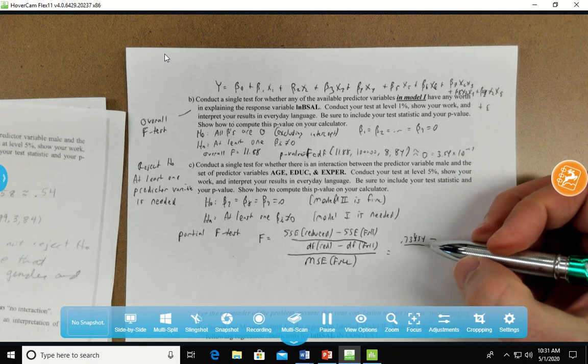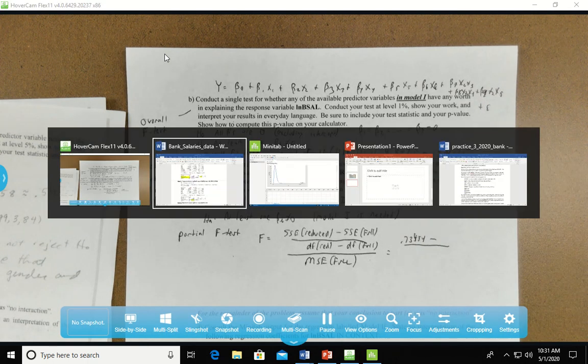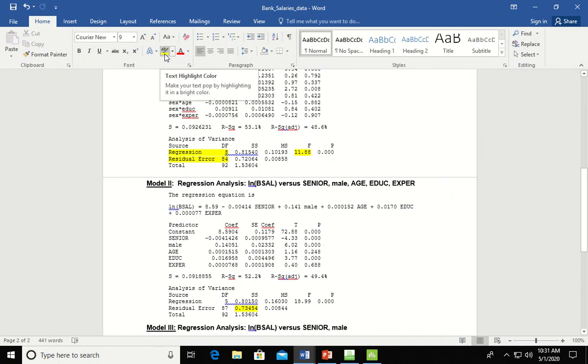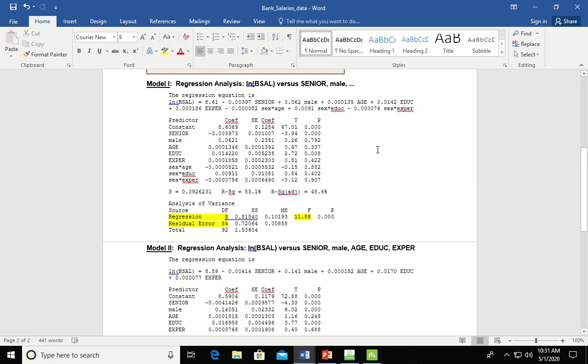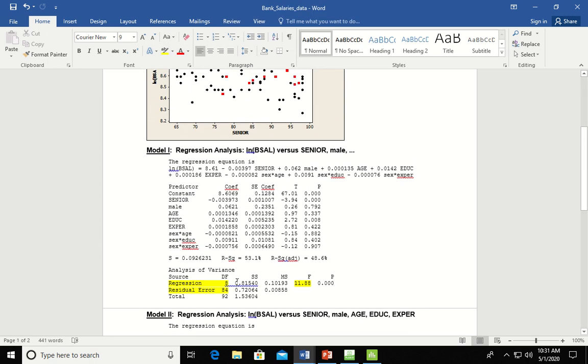The degrees of freedom for the reduced model turns out to be 87. And then let's go to the full model. Its residual error is 0.72064, and its degrees of freedom is 84. And then we also need the mean square error, which is this 0.0058.